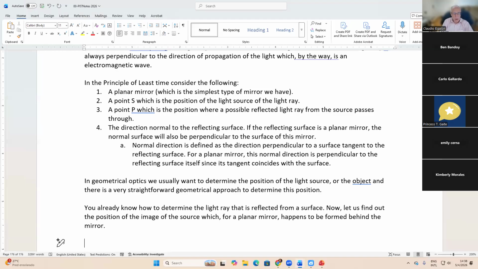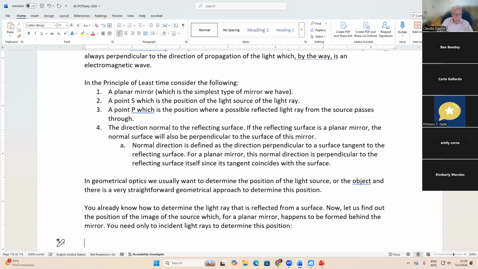Okay, step by step, right? You need only two incident light rays to determine this position. All right?